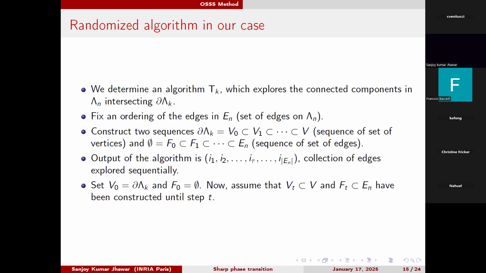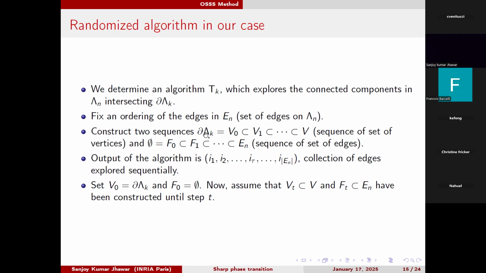Okay, so how do we construct this kind of algorithm to explore the connected component of delta lambda k? You start with all the vertices lying on this boundary, that we call V0, and in this algorithm at each step you grow this set of vertices and you grow some set of edges.